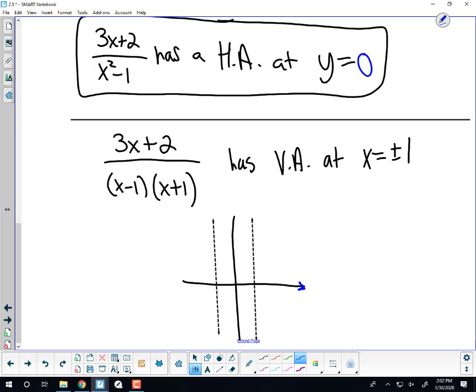So way out here, I know my function is super close to 0, whether it's above or below, I'm not sure. And I know that, on rational functions and only rational functions, the limits at infinity are the same. So I also know that out here, the function also approaches 0.